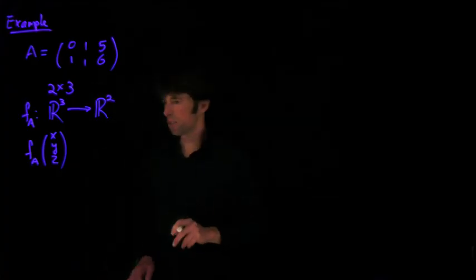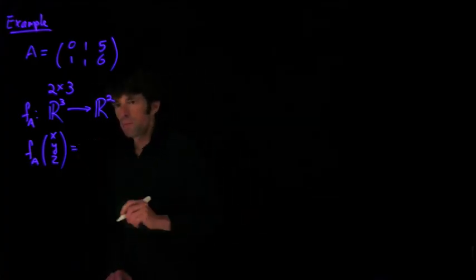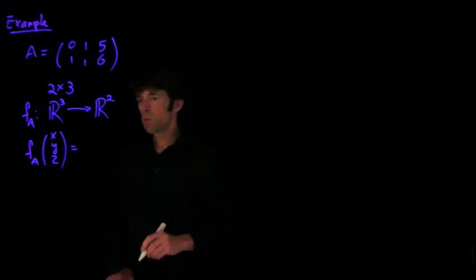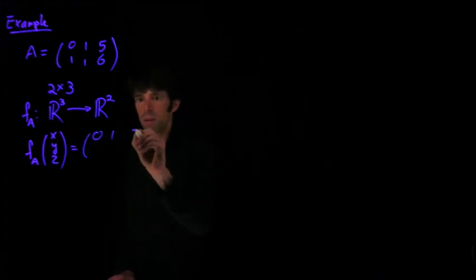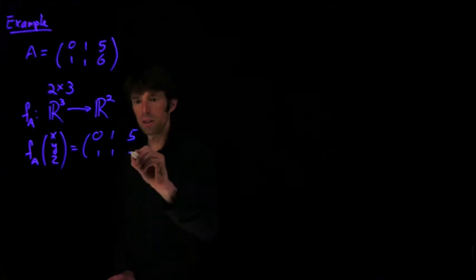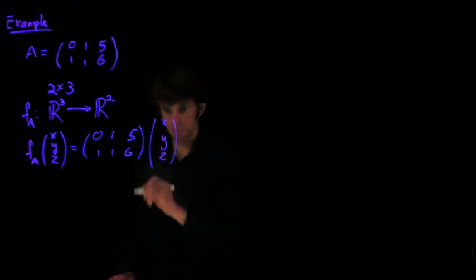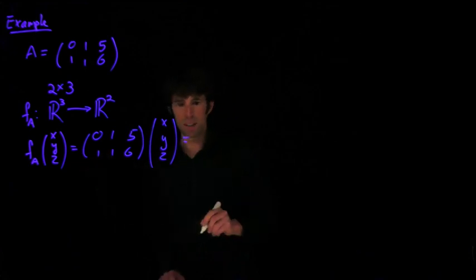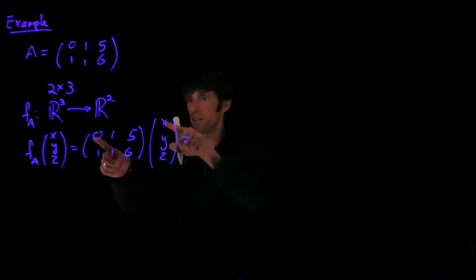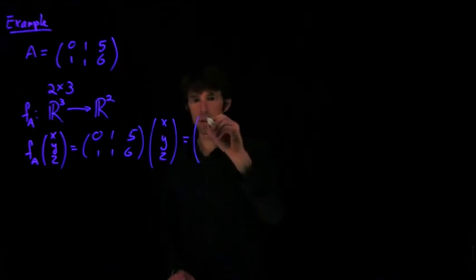So there's some arbitrary vector. This is going to be equal to this matrix times this vector. So this is [0, 1, 5; 1, 1, 6] times (x, y, z). And I can multiply this out. I get 0 times x plus 1 times y plus 5 times z in the first component.